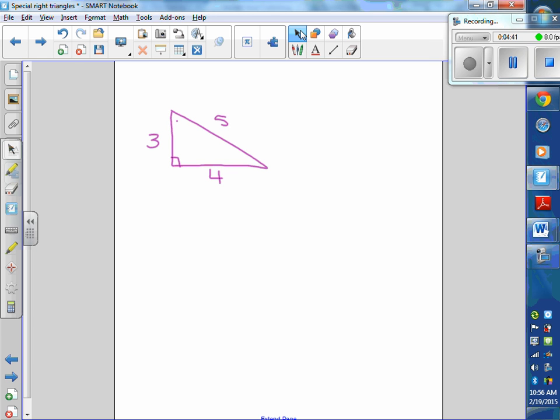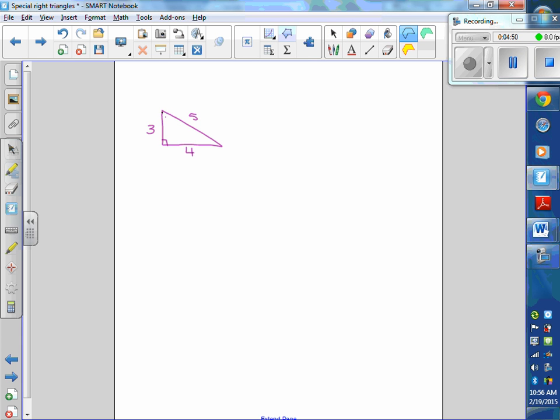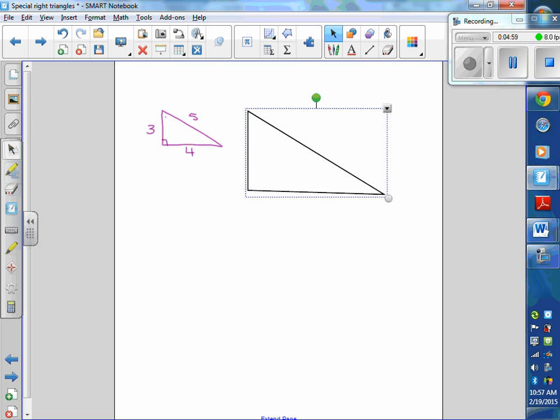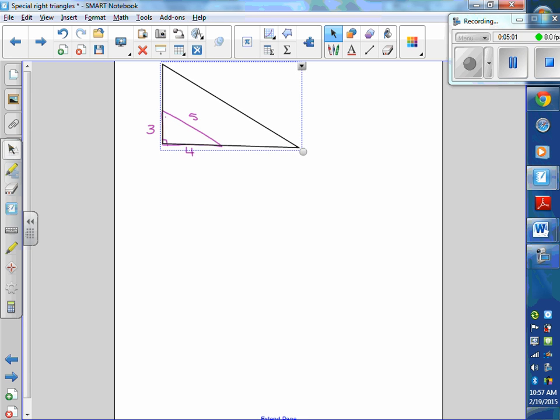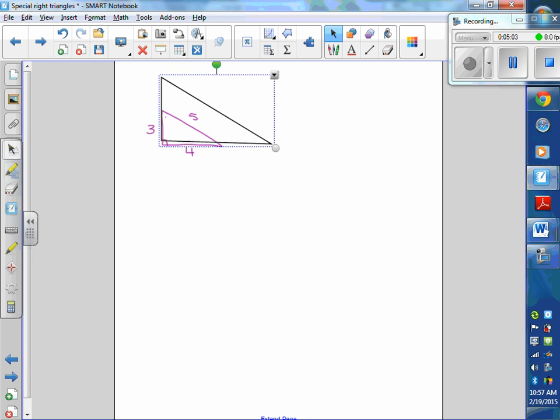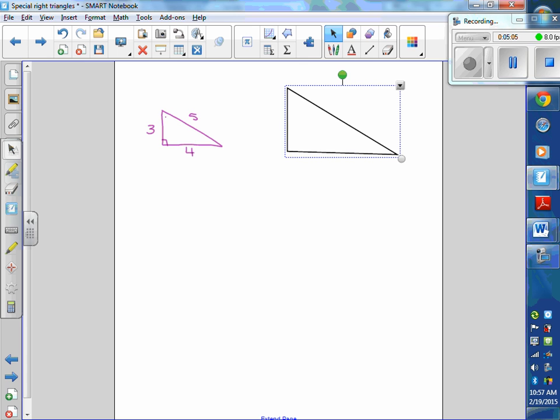And then if I took a triangle that was in the same proportion, like this one, and I blew it up, so if I doubled it, that looks like it's about double, right? You guys just learned that if this were a right angle and this was 6 and this was 8, that would have to be 10, right?